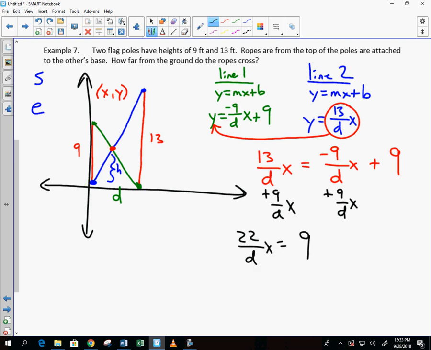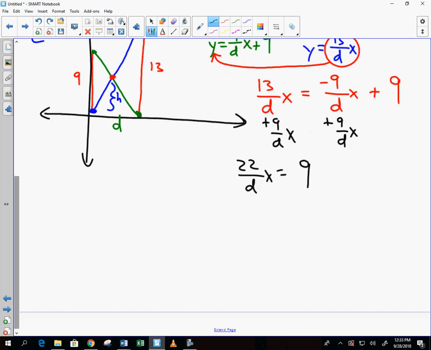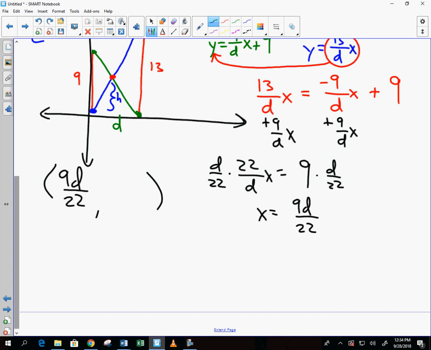What would you do to both sides to solve for x? Times it by d over 22. And you get x is equal to 9 times d divided by 22. Awesome. We have one of the values of our coordinate. We have the x value is 9d divided by 22.